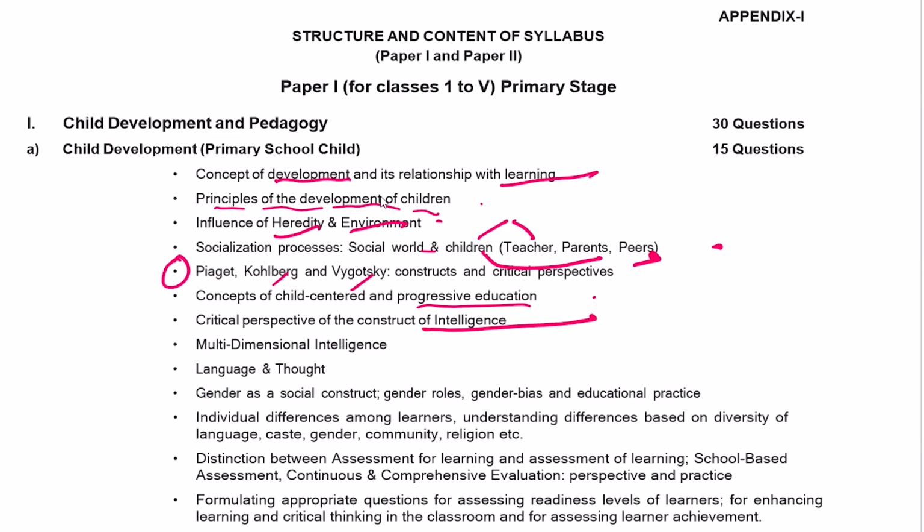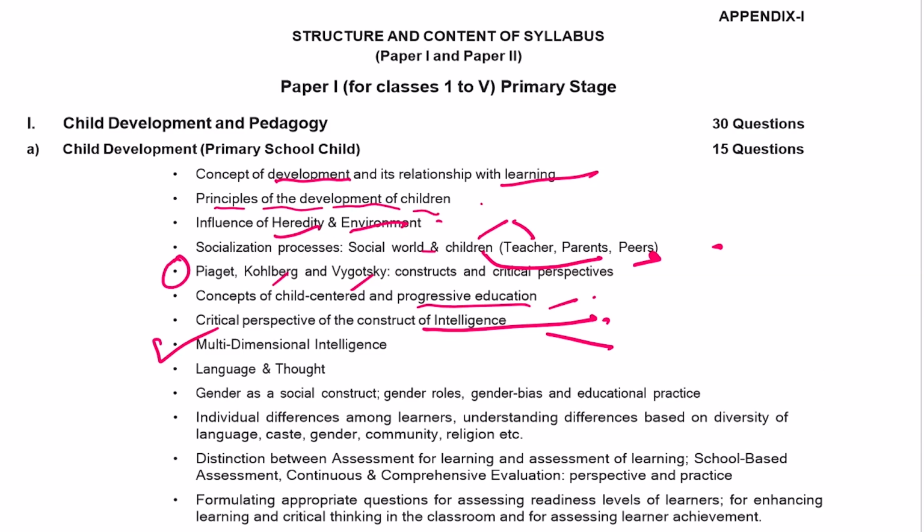What is intelligence? Is it something to be developed, or is it innate? All these things we have to study and discuss. The multi-dimensional intelligence. Intelligence is not unidimensional, it's multi-dimensional.